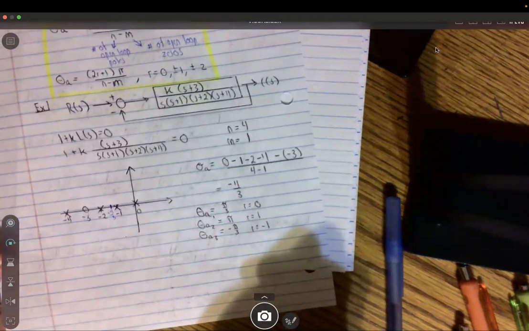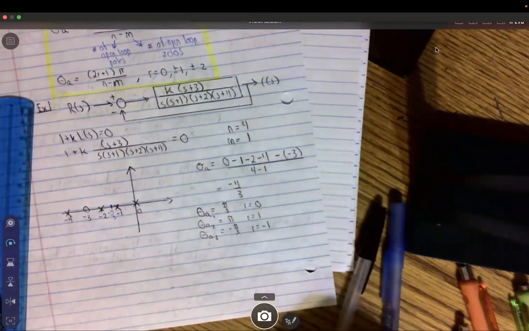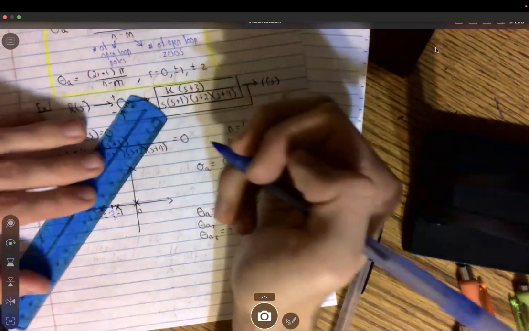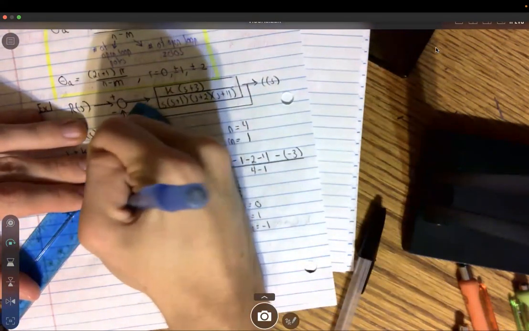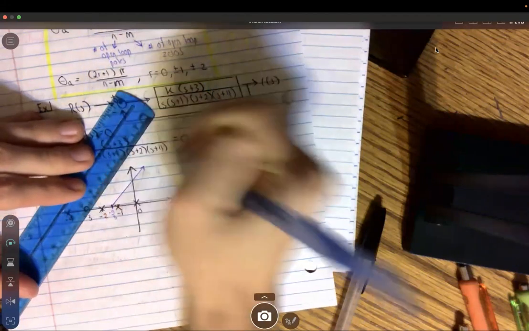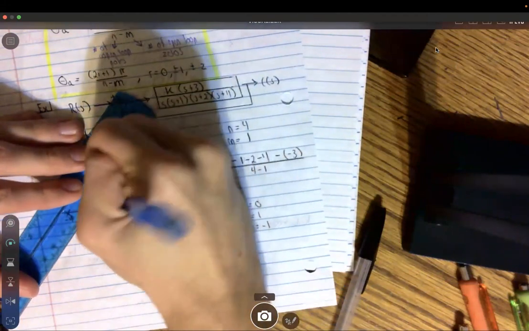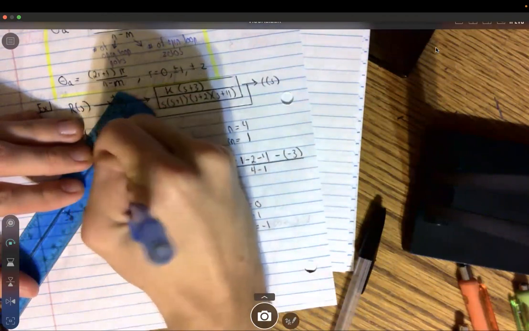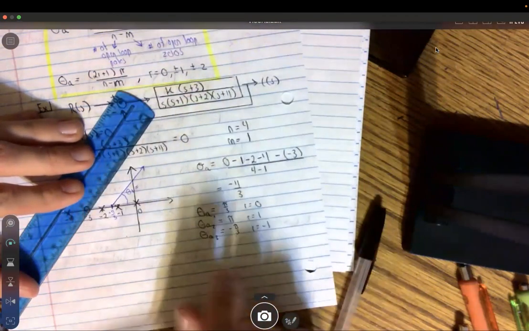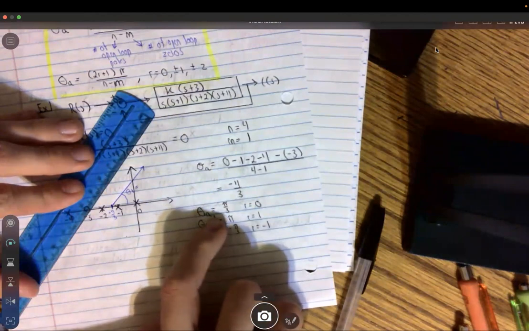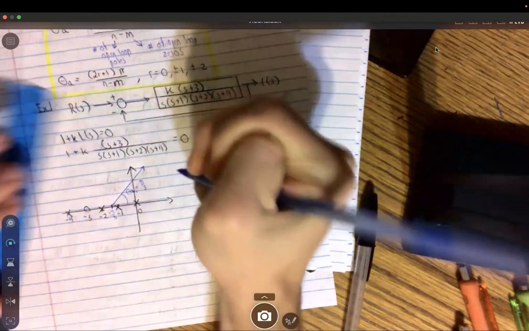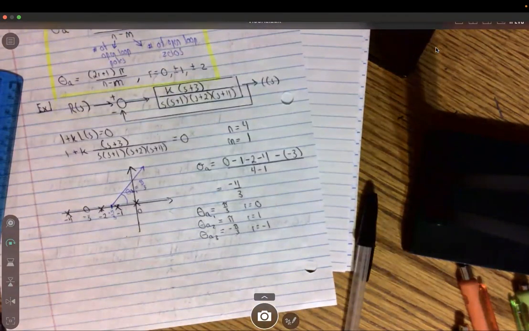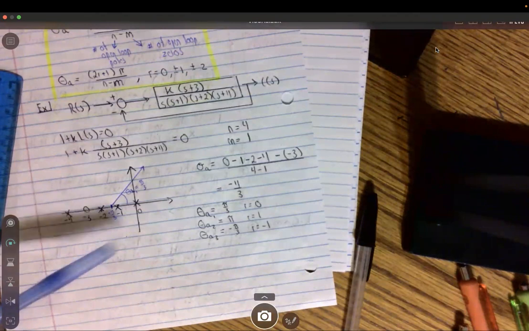And so notice that when we draw this now, we're going to have an asymptote that goes positive pi over 3. So I'm going to draw one asymptote going out this way. So this one is going to be the asymptote with angle A1, which is pi over 3. That's going to be our angle here. And then our next one is going to be pi.